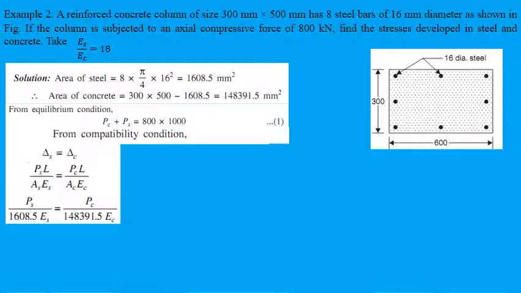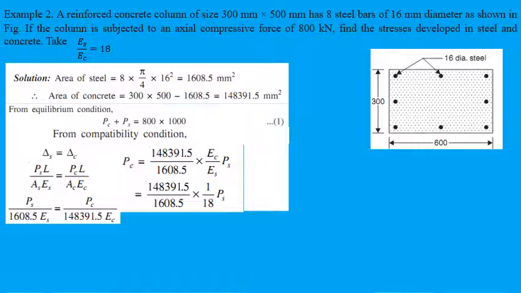So Ps divided by area 1608.5 in terms of Es is equal to Pc divided by area 148391.5 Ec.